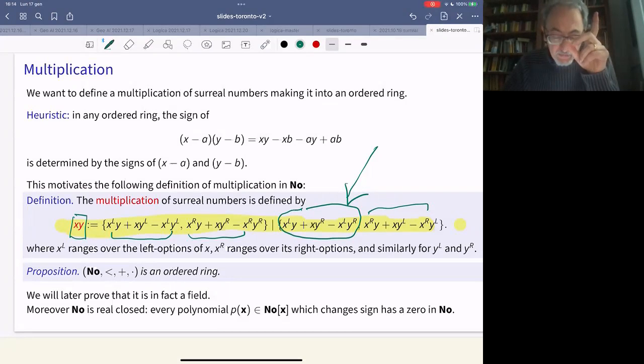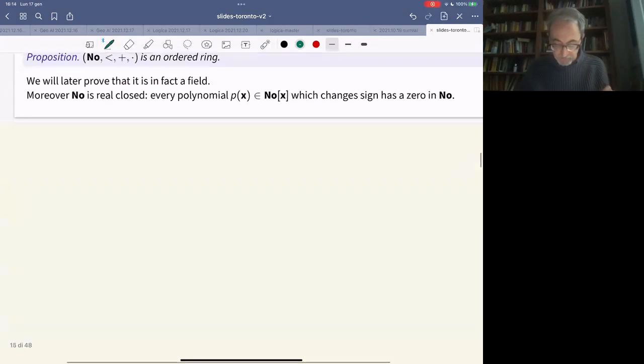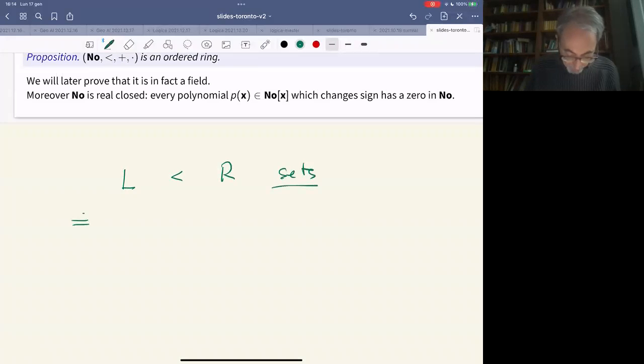There is an important set theoretic question which I forgot to say, which is something that I skipped the proof of: the fact that if you have L less than R sets, then there is something in between.